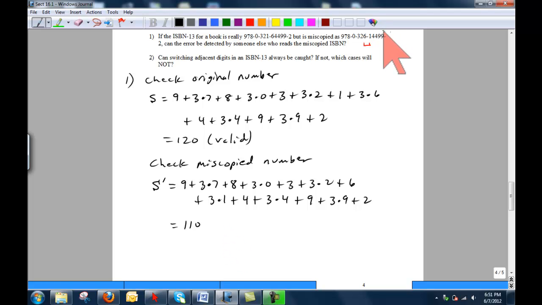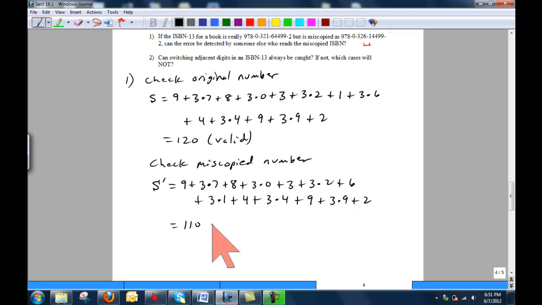So if this is actually a mistake, you want it to be caught. You want the computer scanning it to say, no, this is not a valid ISBN, must have been a mistake. Then we can go back and talk about what the mistake might be, but at least we'll catch it. In this case, though, the computer's going to say, this is a valid ISBN, but it's not the right one. It wasn't the one that was originally sent.